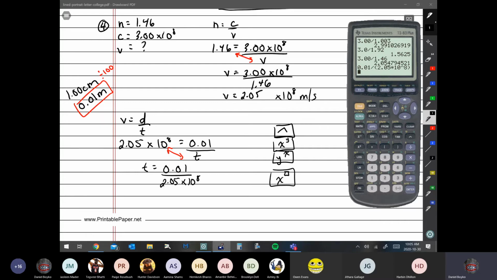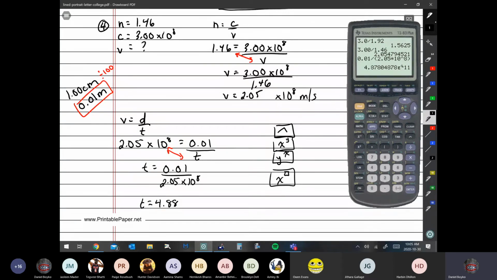Now you're going to get probably a really strange answer on your calculator, and I'll show you what mine looks like. Okay, mine says 4.878 E negative 11. Well, that answer is simply 4.88. The E negative 11, and on your calculator it might have a little space.